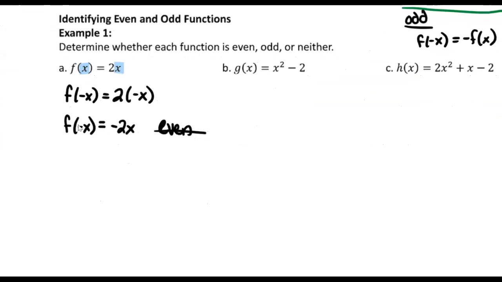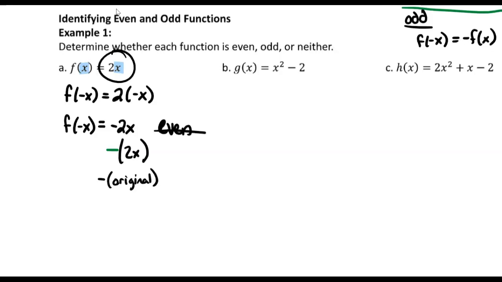So look at this. If you took this function, this negative 2x, if you factored out a negative, it is negative, and then inside was the original, the 2x. So it's like negative of the original equation. The original equation was 2x.